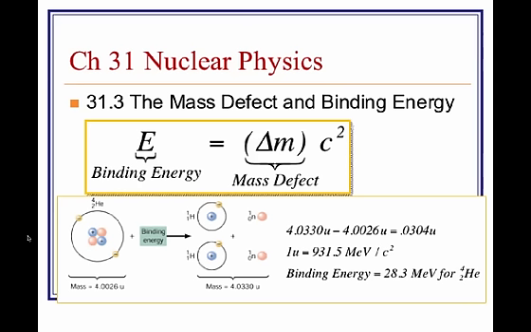So there's what's called binding energy that holds all those particles together as one. That binding energy relates to the difference in mass between the particles and the molecule, and it's also the amount of energy needed to split them apart.